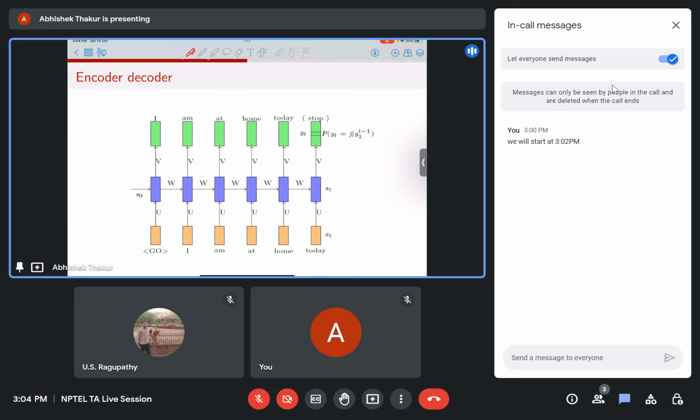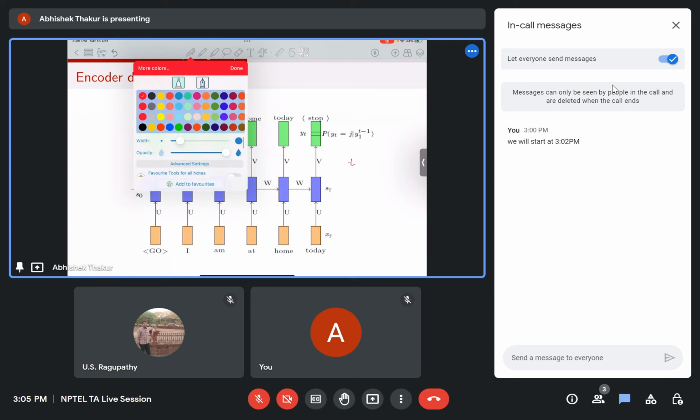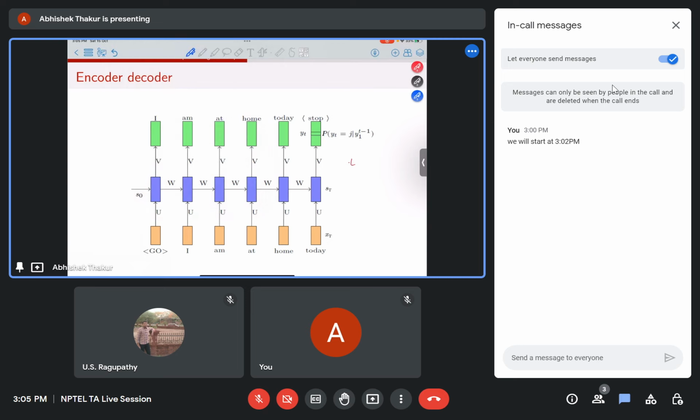But before that, we'll see the problem of language modeling, which we have already studied in the previous lecture. We are given the words up to the t minus 1 time stamp as input, and we have to predict the word at the tth time stamp.